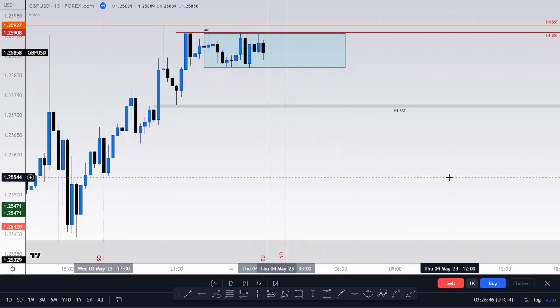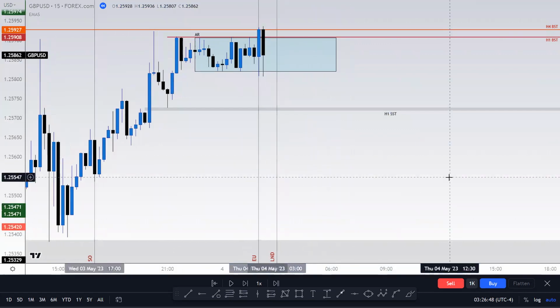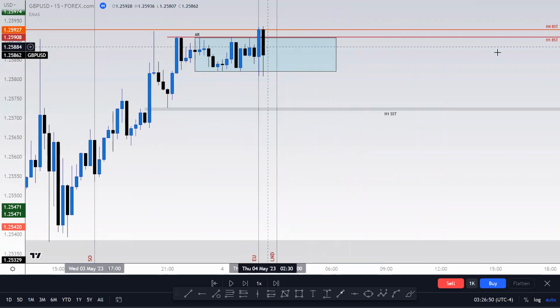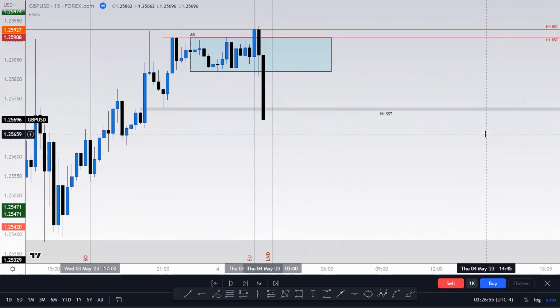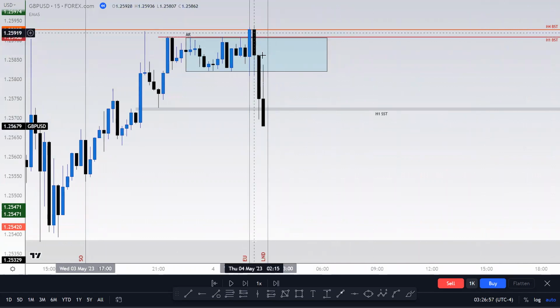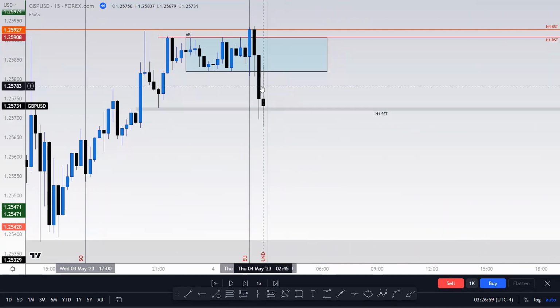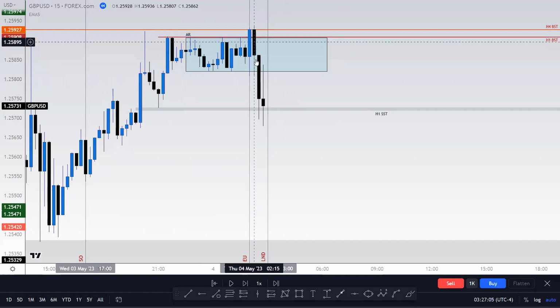So now going into London Open, we can see that price will always track back into the range, but it takes out H1 and H4 buy side, but there is still no setup. And then finally, price gives us a bearish break. Very clearly, this is a purge reversal scenario. Why is it a purge reversal scenario? Because price has traded and taken out the low of the Asian range.